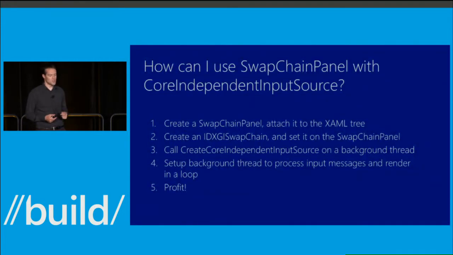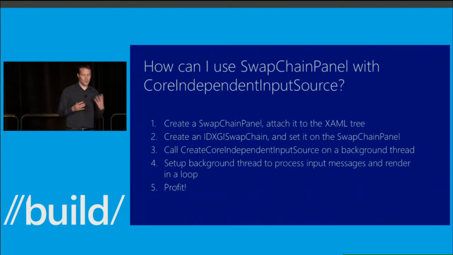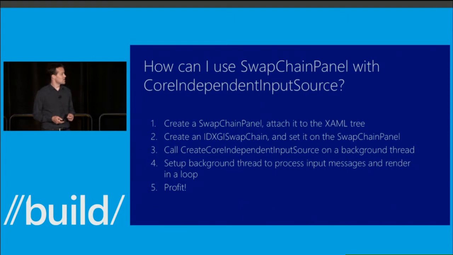So how do I use this one? The first thing you do is create a swap chain panel and attach it to the XAML tree. You can then create an IDXGI swap chain and call set swap chain on it to set the swap chain on the swap chain panel. That once again happens on the UI thread. Number three is create core independent input source.